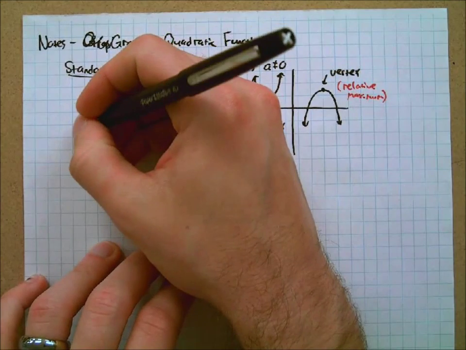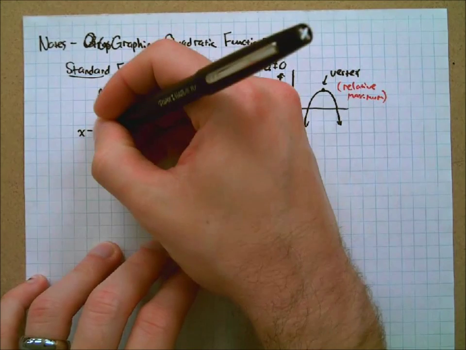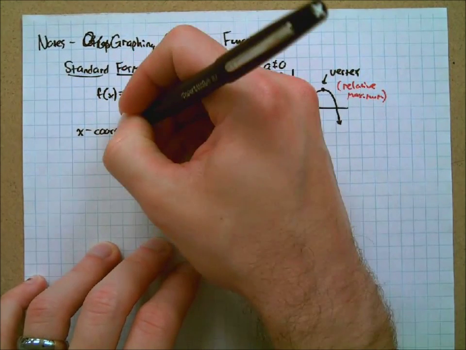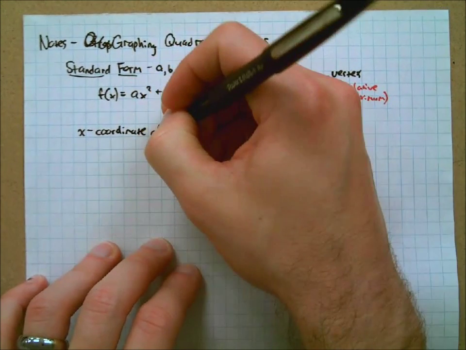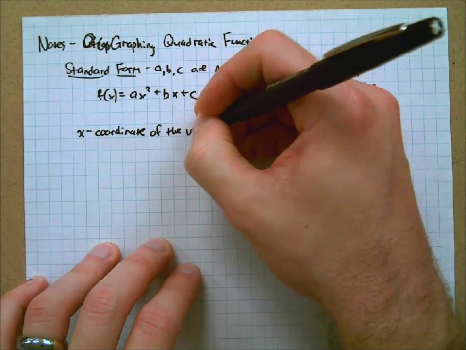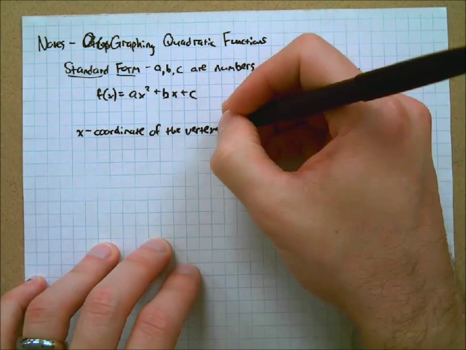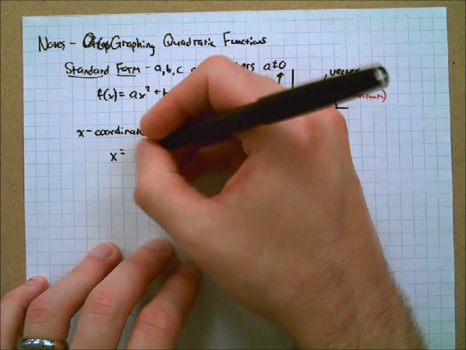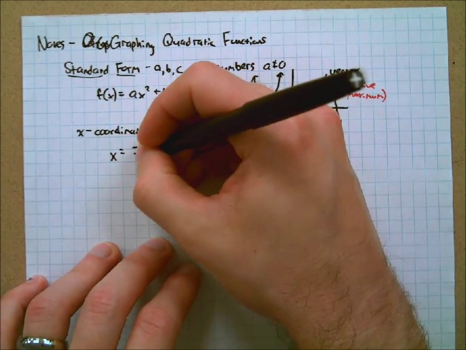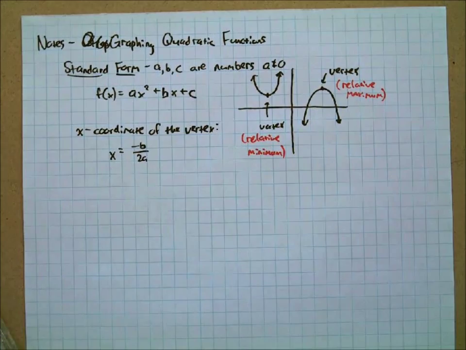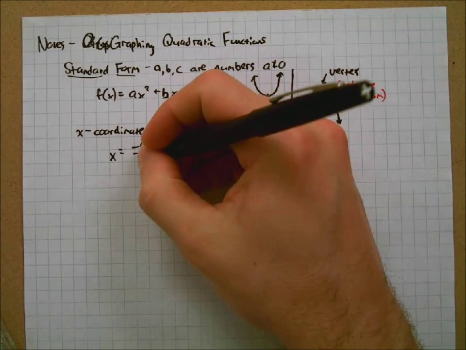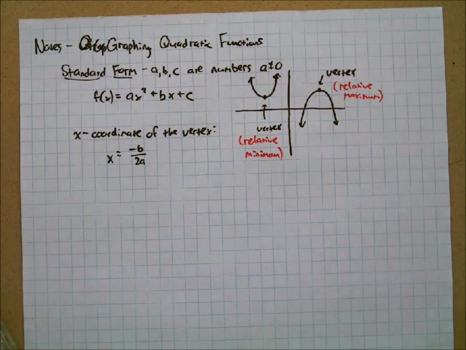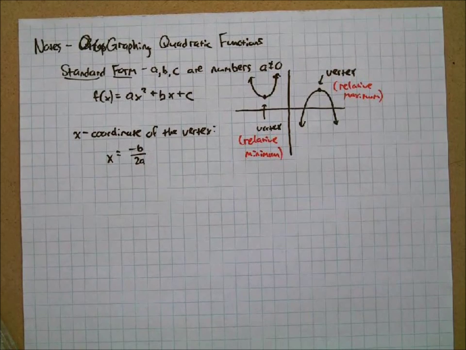Well, one option is we can find the x-coordinate of the vertex by using x equals negative b over 2a. That b and that a are the coefficients from our quadratic function. So the x-coordinate will always be equal to negative b over 2a.